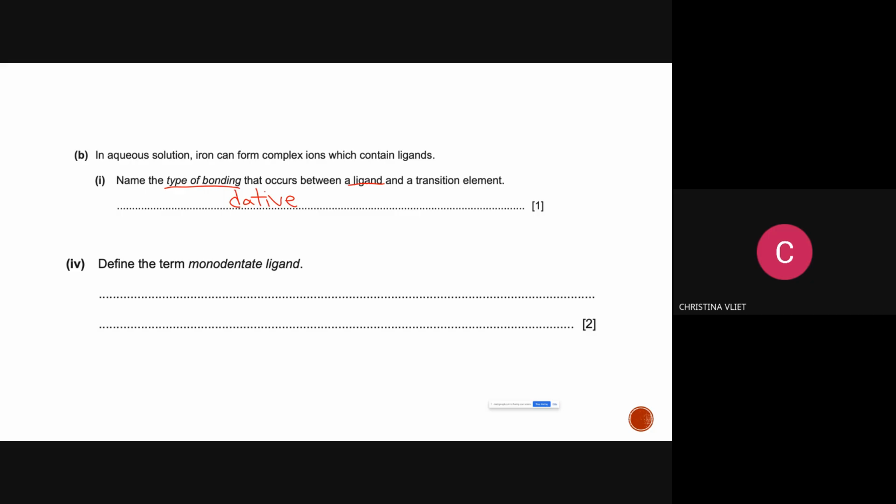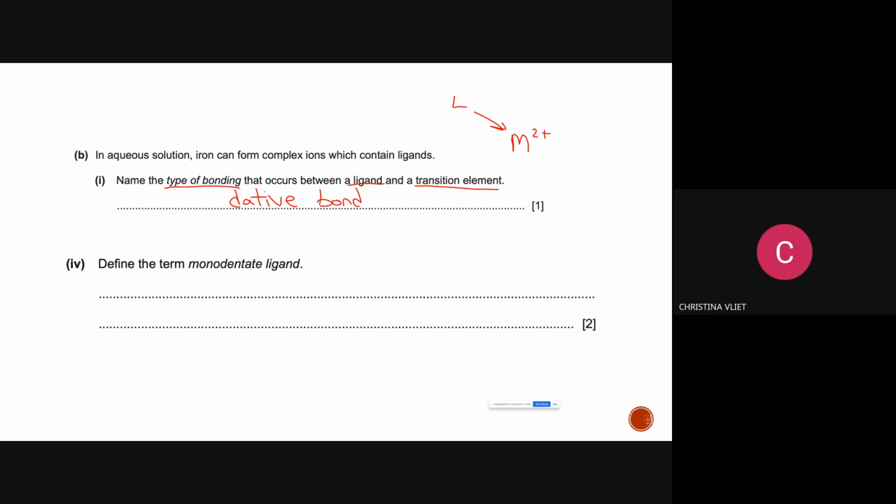Between the ligand and the transition element is always a dative bond. This is saying between the metal in the middle and the ligand, what is happening here? Dative bond, right? Name it. It's called dative bond, or coordinate covalent.